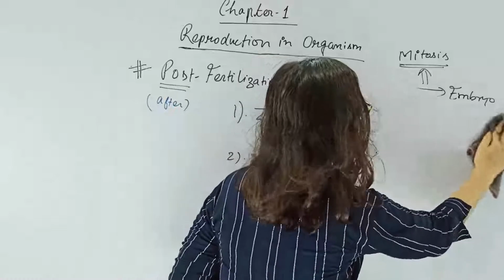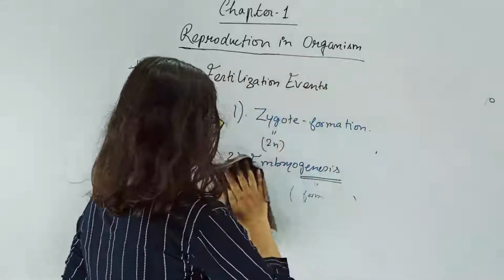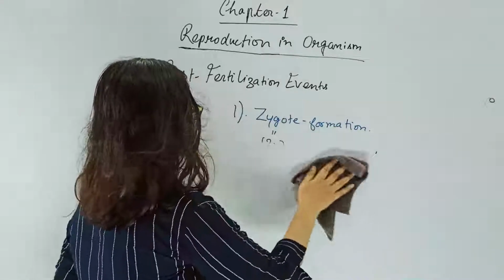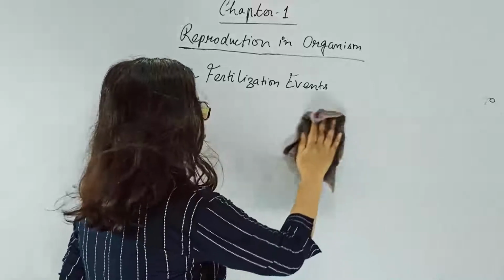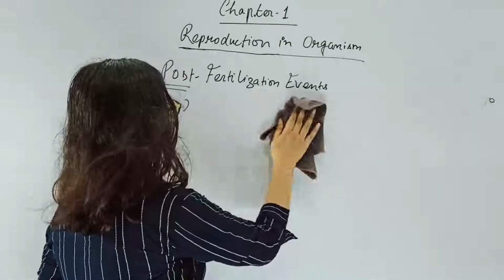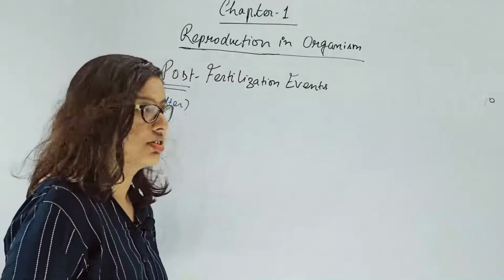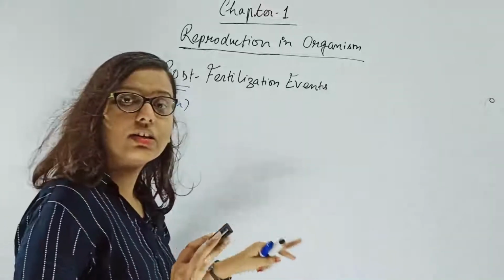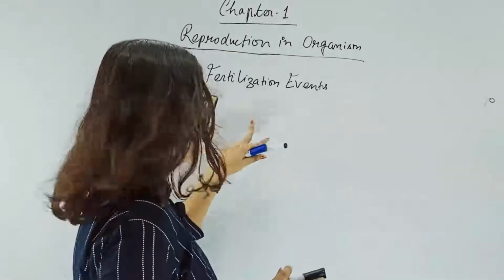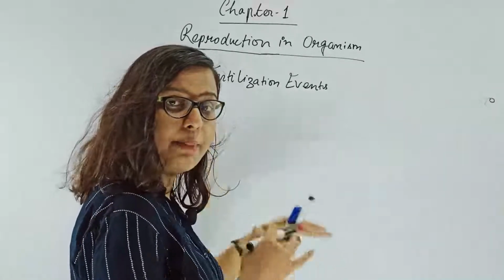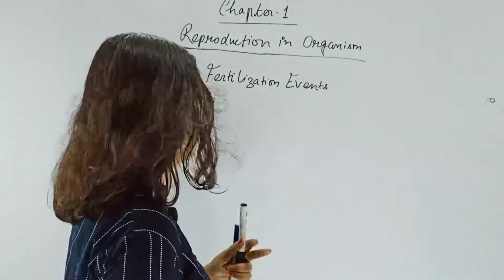Further, in case of plants, what happens? In case of plants, there are certain other processes or changes that happen after fertilization. These two are the main processes which will happen in all types of post-fertilization events in every organism.